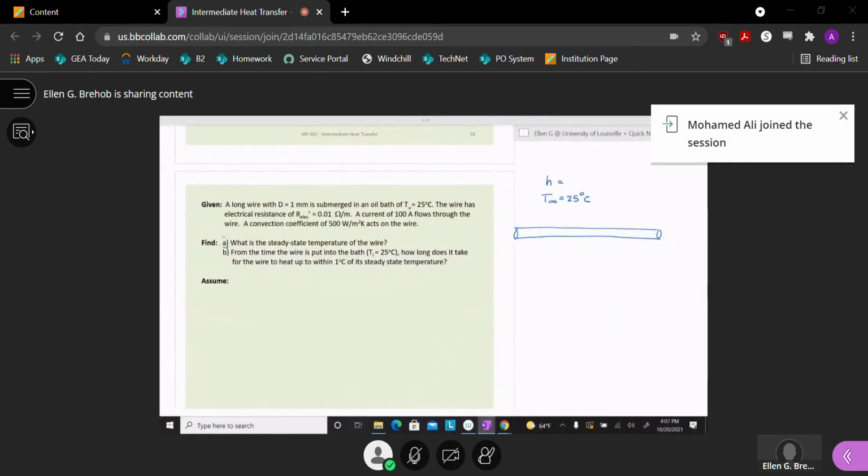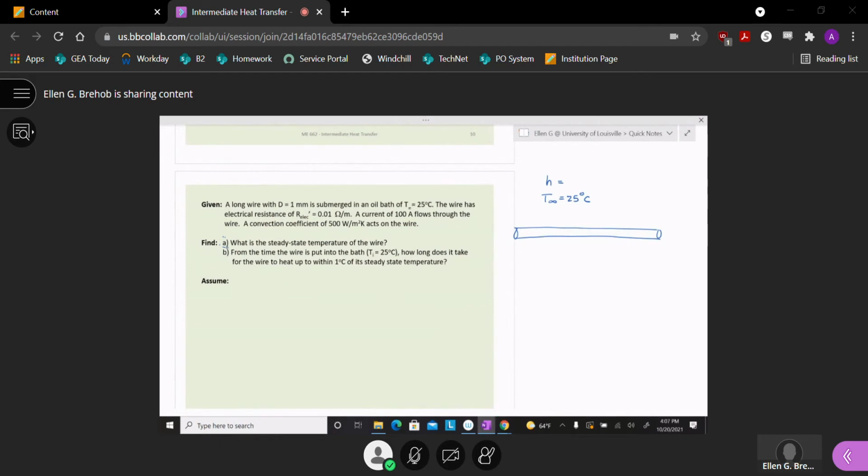This is a lumped capacitance section, so we're going to need to check, but that will apply a lumped capacitance solution. And I'm going to list that we're assuming constant properties. We just talked about this special case that has no radiation.